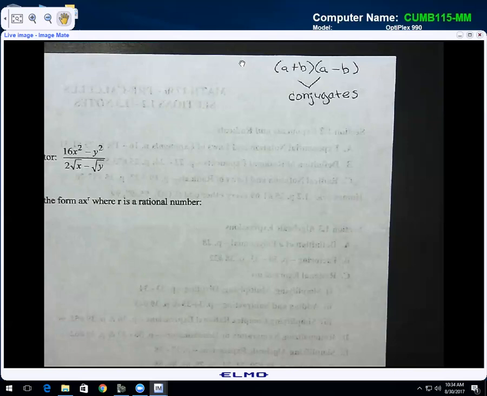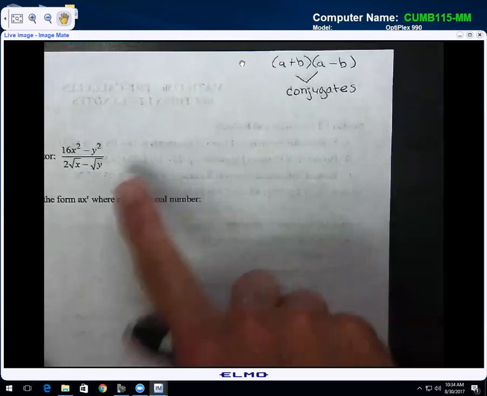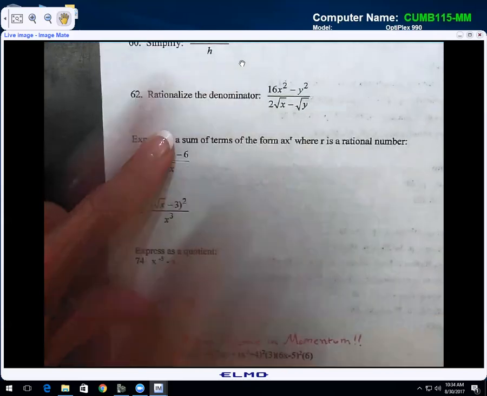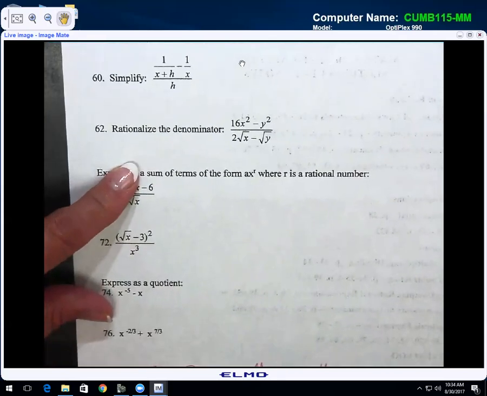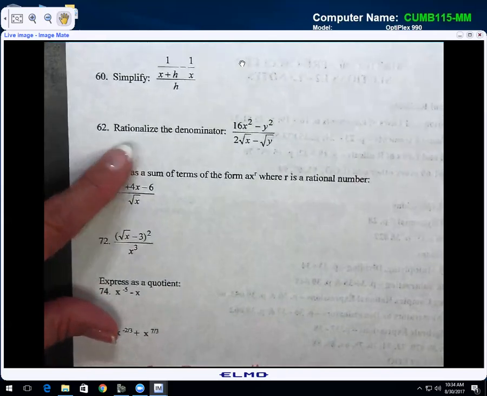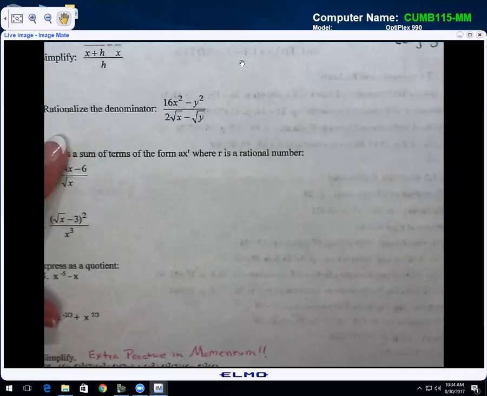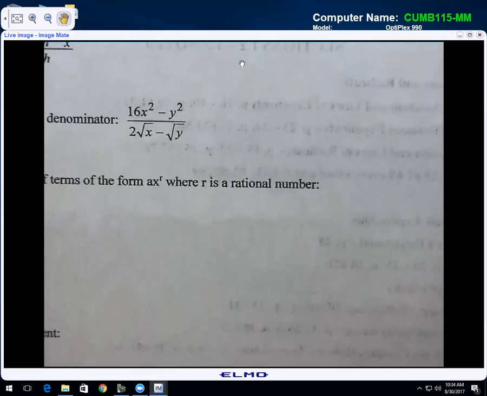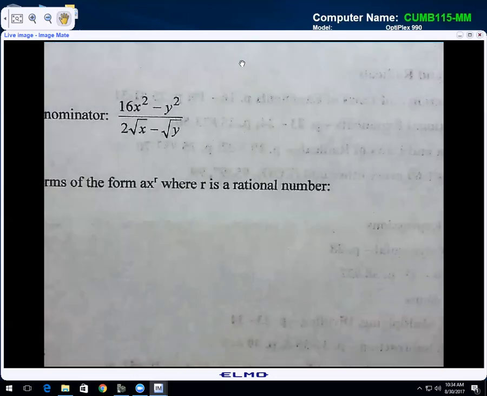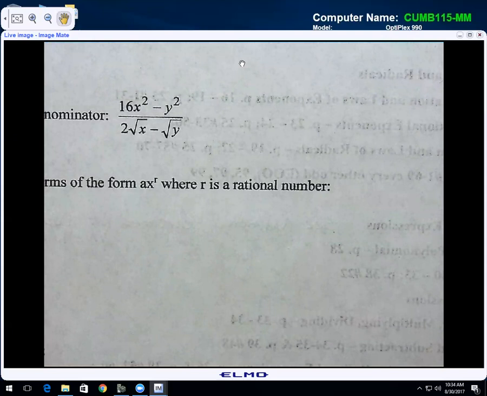So let's apply that to 62, and then we'll go back to 60, which I just realized we skipped. 62 says rationalize the denominator. That means get the radical out of the denominator. I may end up with it in the numerator, but at least I got it out of the denominator, and that's what the directions say.